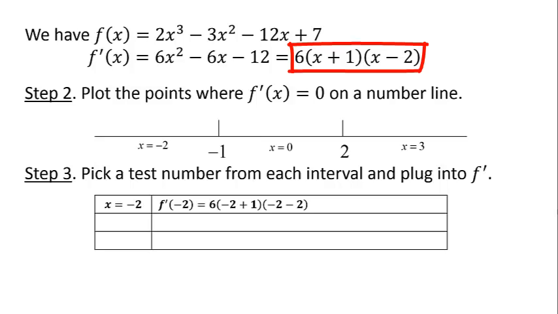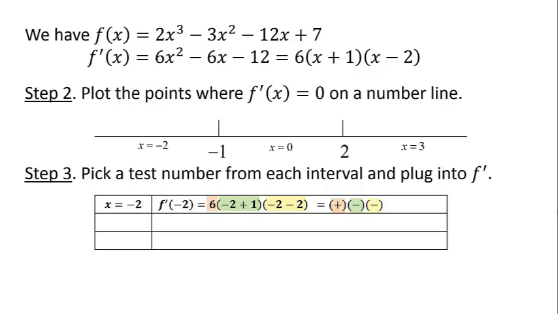Evaluating the derivative f prime when x equals -2, we see that f prime of -2 equals 6 times (-2 plus 1) times (-2 minus 2). Now, we only care about whether this is positive or negative. We do not care about the actual number. We see that 6 is a positive number, -2 plus 1 will be negative, and -2 minus 2 will also be negative.